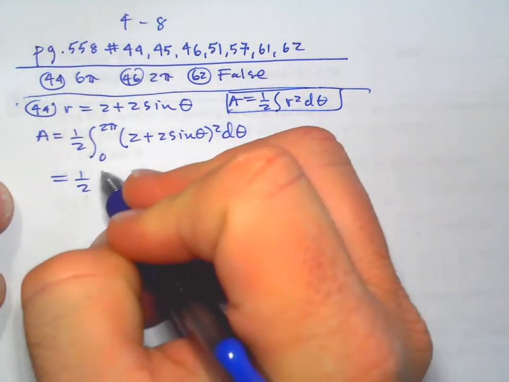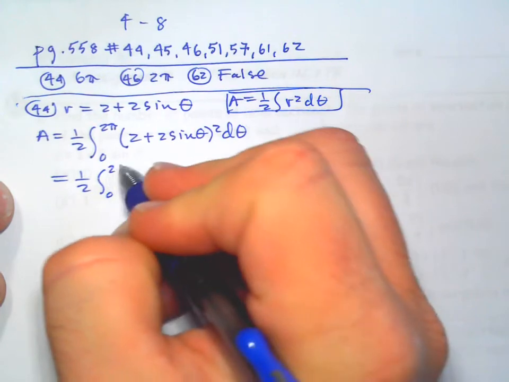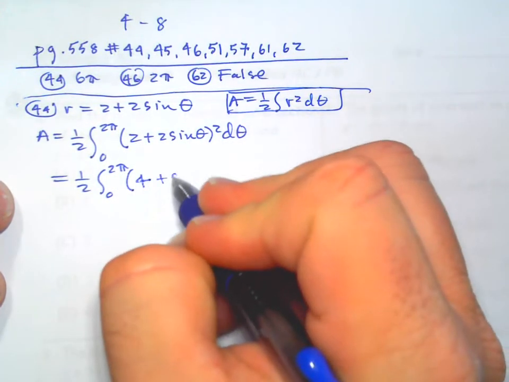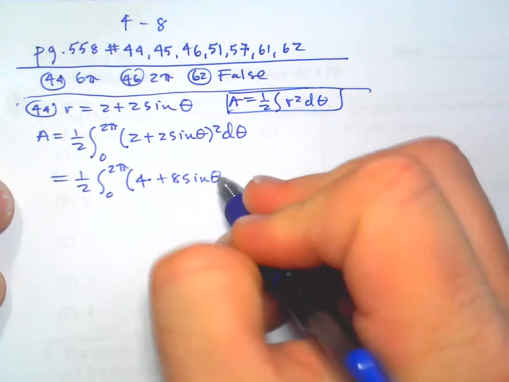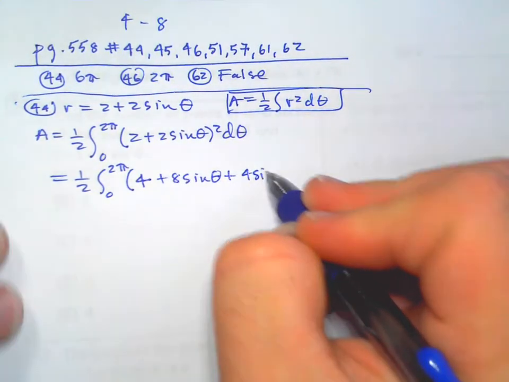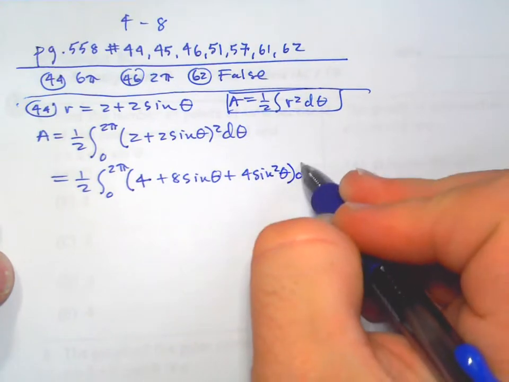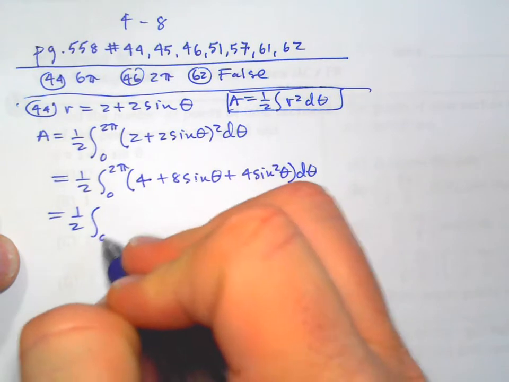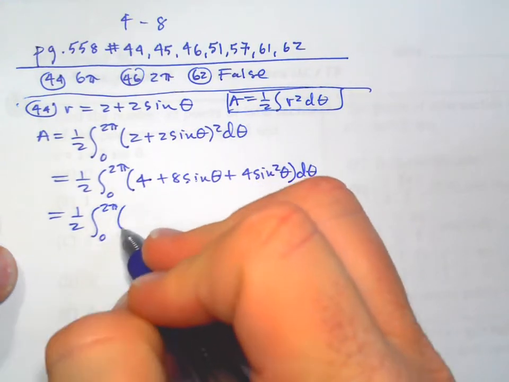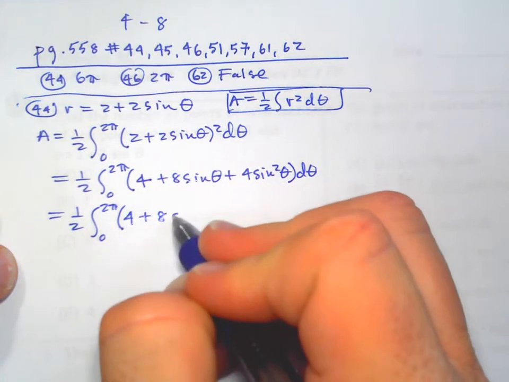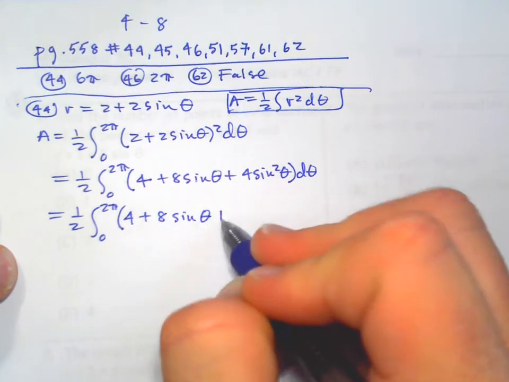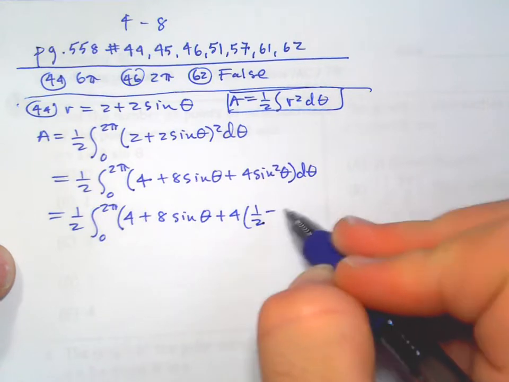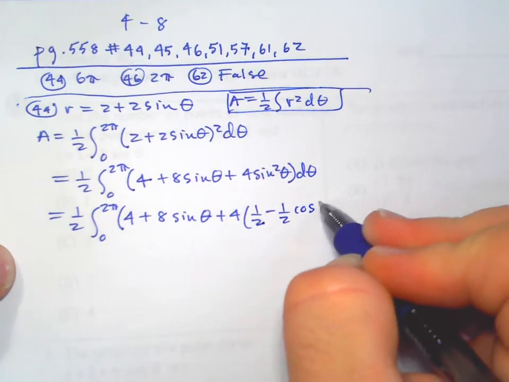I don't really think symmetry is going to be something extra special for us here, but we got to FOIL this out. So it's going to be 4 plus 8 sine theta plus 4 sine squared theta. We have to use that double angle identity for cosine. So that's going to be replaced with 1/2 minus 1/2 cosine, it's always cosine, 2 theta.